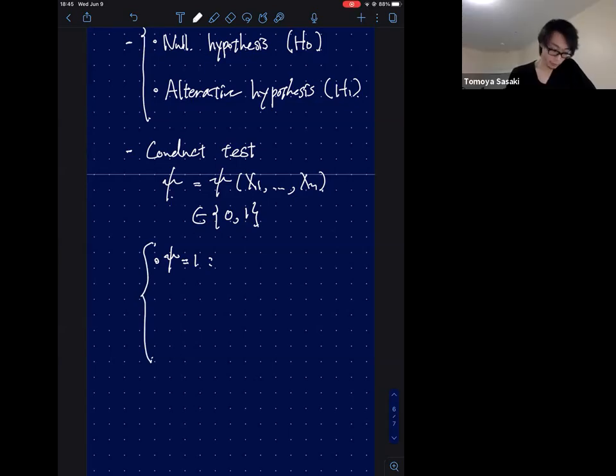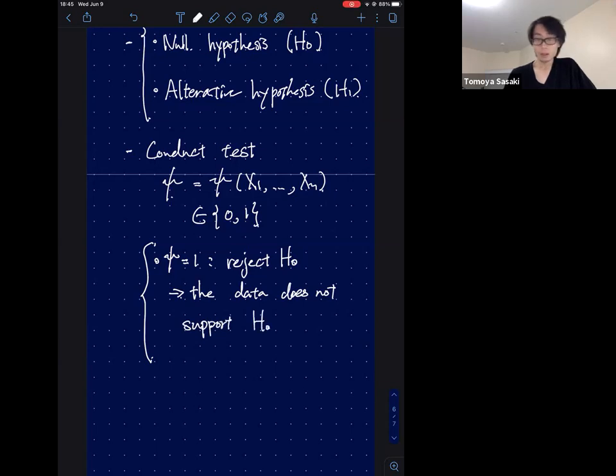Thank you. Yes, you reject the null hypothesis, H naught, which is equivalent to saying the data does not support H naught. So this is a subtle difference here.